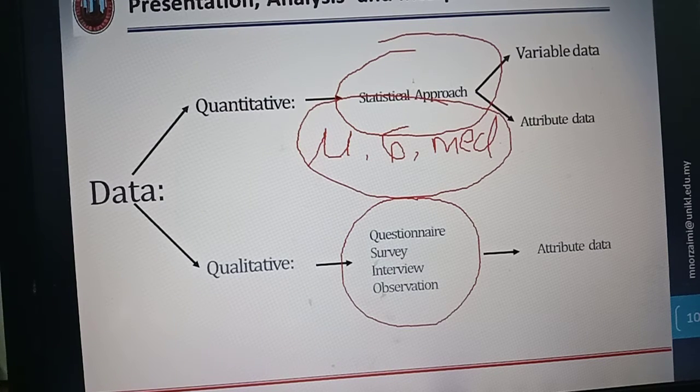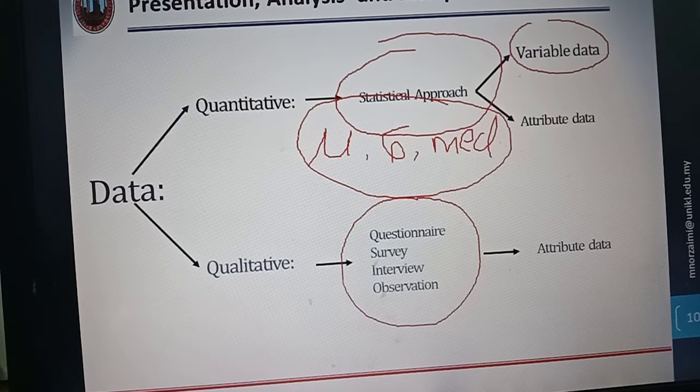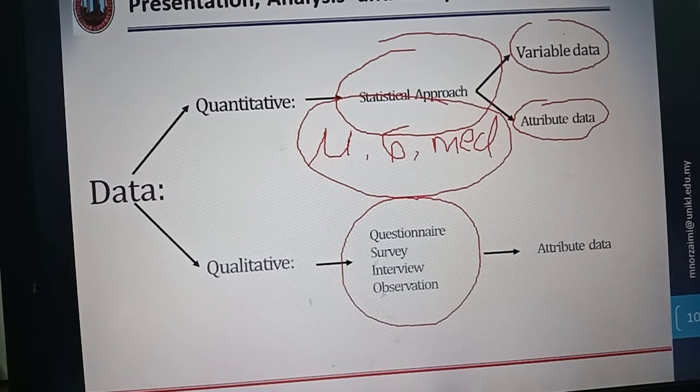Okay, so in terms of the statistical approach, even if you are using the statistical approach, when you collect the data, you have two categories of data. The first category is variable data and the second category is attribute data. So what is variable, what is attribute? Okay, variable normally we refer to any data, any situation we can measure.